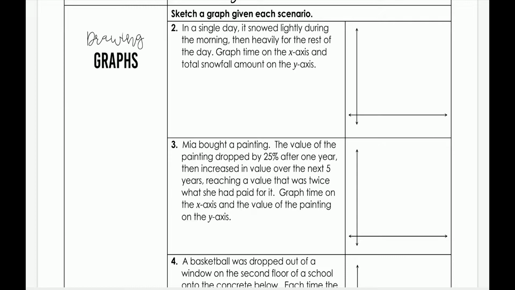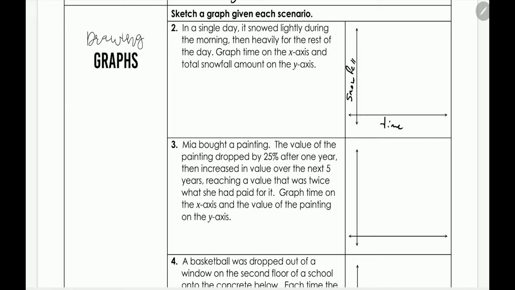Graph time on the x-axis and total snowfall amount on the y-axis. So on the x-axis, we're going to have time, and on the y-axis, we're going to have snowfall. Okay? It snowed lightly during the morning, and then heavily for the rest of the day.